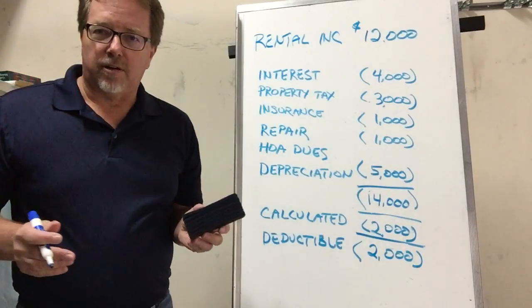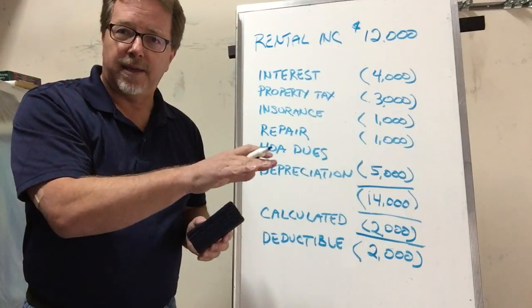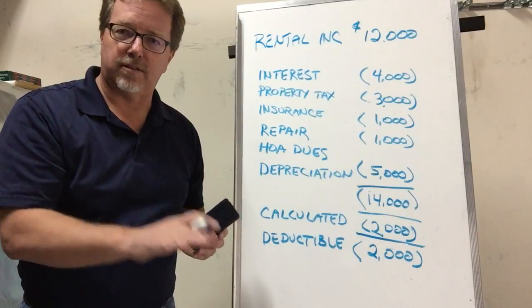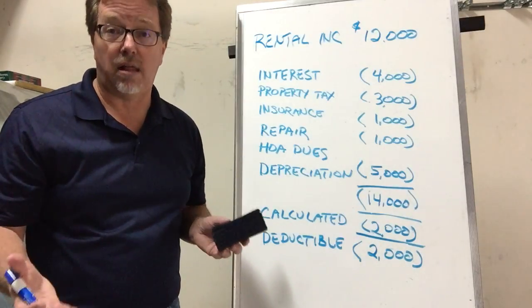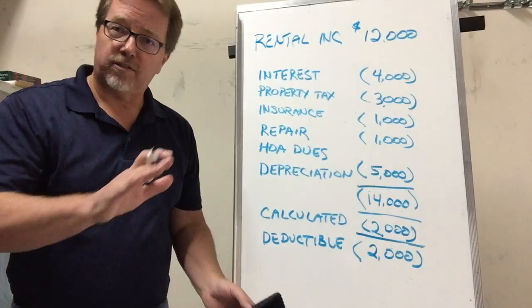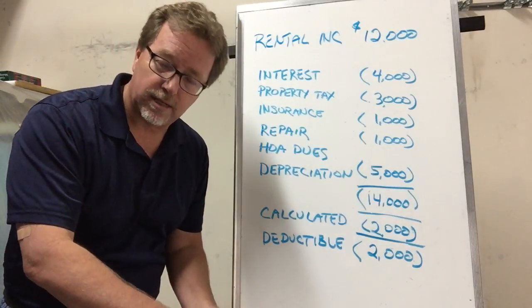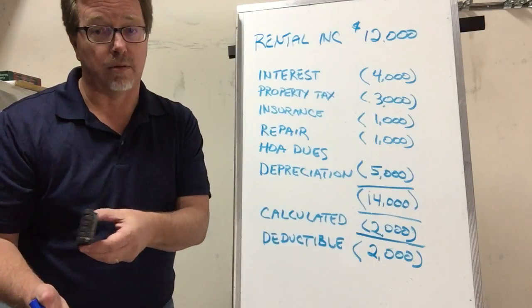So on that tax return, you'd have a $75,000 W-2 income and a minus $2,000 rental loss, and you'd pay tax on $73,000. You actually got to deduct the loss. So the calculated loss and the deductible loss for someone whose income is more modest, they're the same thing. The calculated becomes the deductible.